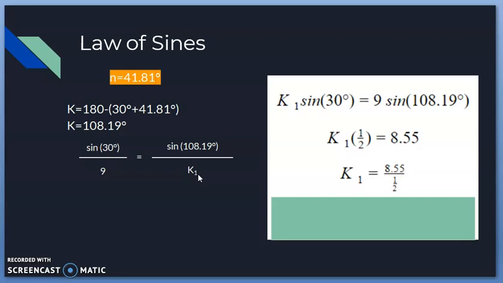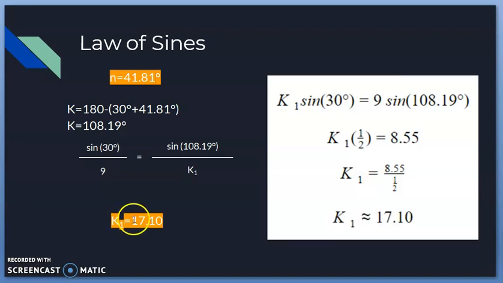But until then, we're going to cross multiply. So K times sine of 30 degrees equals 9 sine of 108.19 degrees. The sine of 30 again is 1/2. And if you put this into a calculator, you'll get 8.55. Divide both sides by 1/2, and you get side length K to equal 17.1.